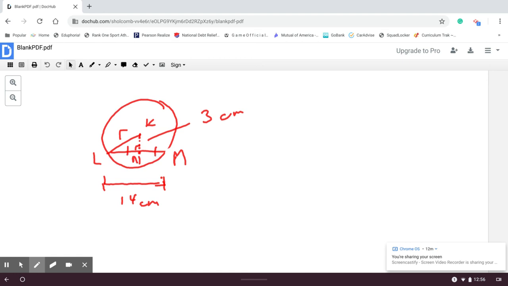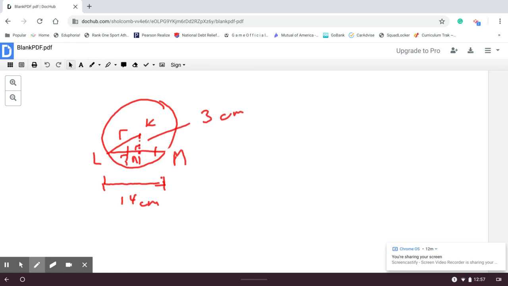So if I can find LN, all I have to do is double it, and I've got the length of LM, which means that doesn't LN have to be 7 right there? Okay, so let's stop and think. LM is 14. Half of 14 is 7. We know that LN has to be 7 because KN bisects LM.